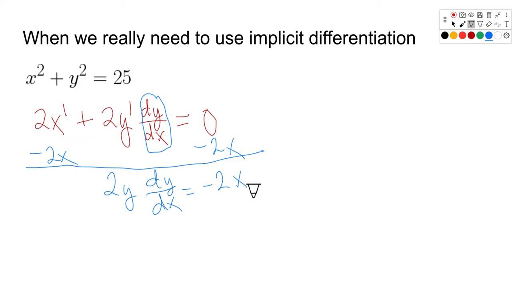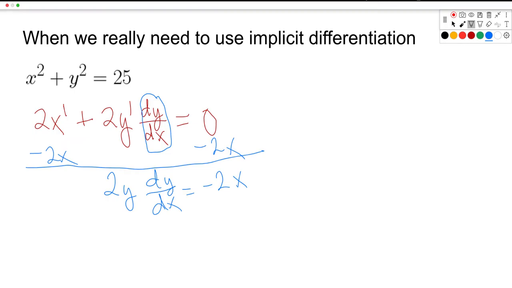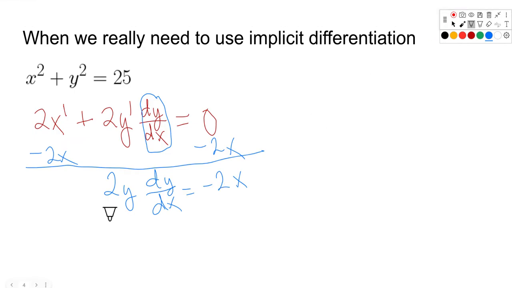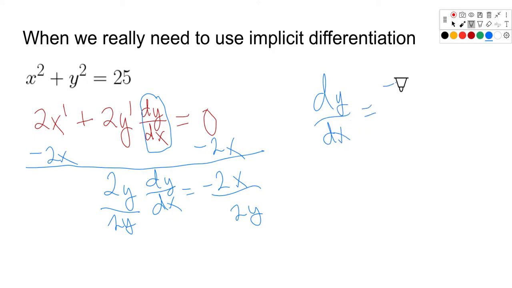Then we'll divide both sides by 2y, and so we get that our derivative, dy dx, is equal to negative 2x over 2y.